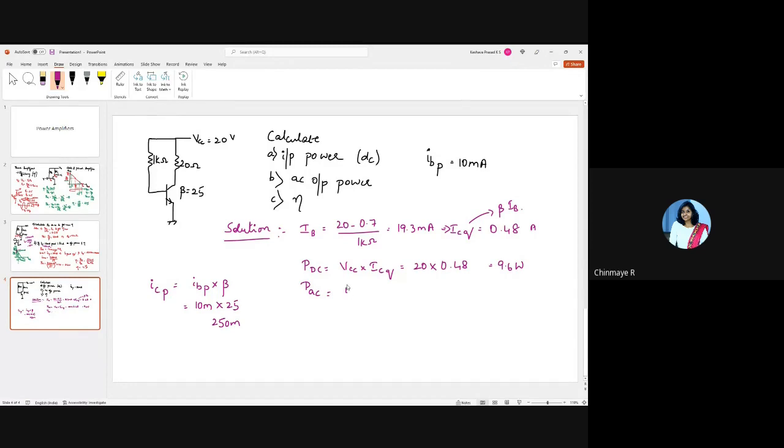So this will be ICRMS squared into RL, where 250 milli is the peak, divided by root 2 is the RMS. So you square it into 20. How much do you get?